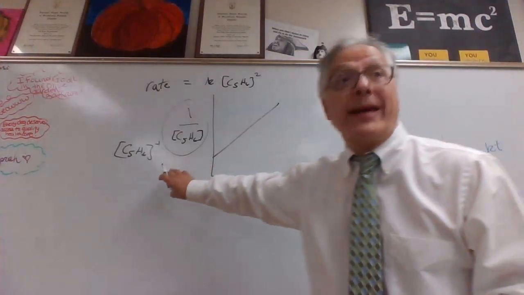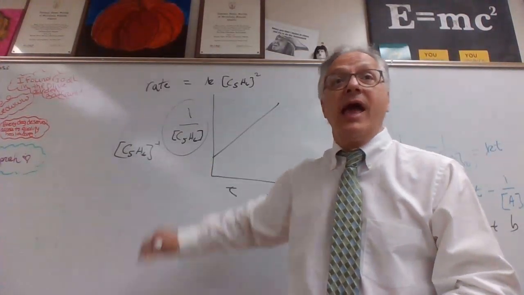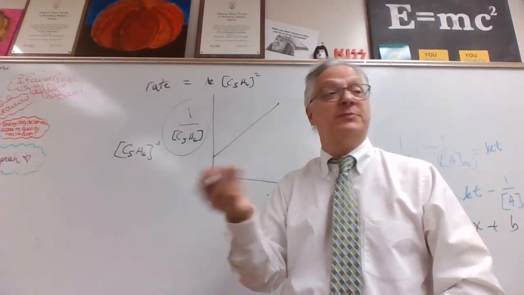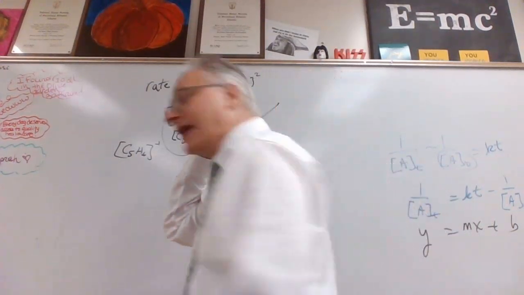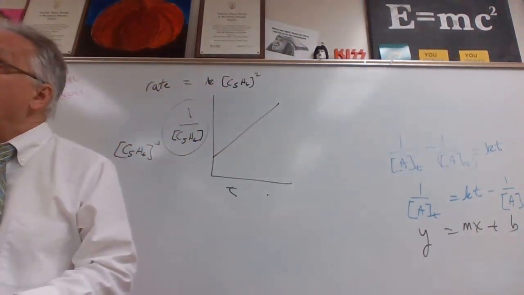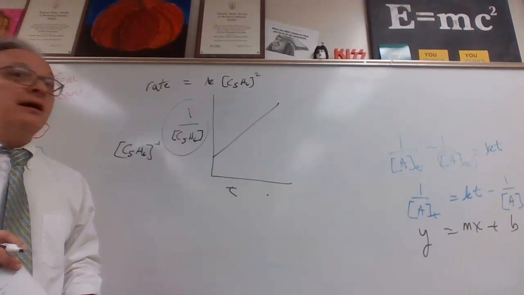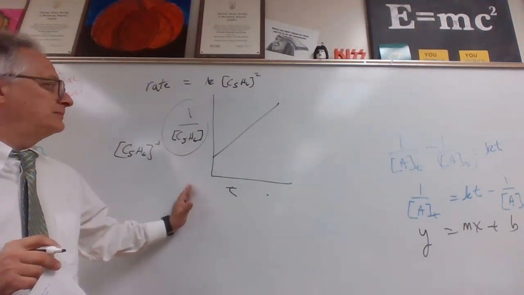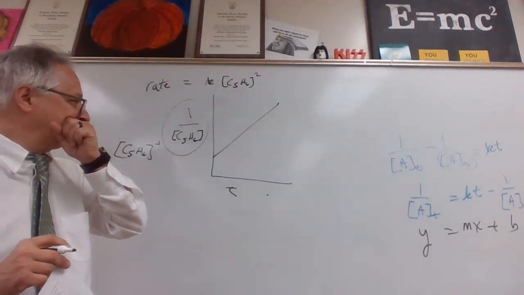I will ask you to recognize graphs, okay? And I will ask you to do calculations based around first order reactions because they're probably the easiest. Slope, maybe, but if I have you find a slope, probably not.